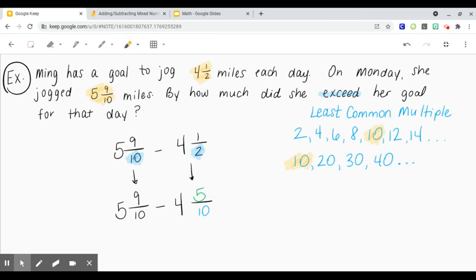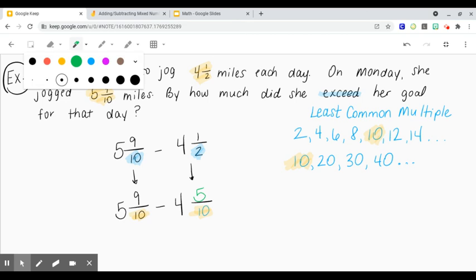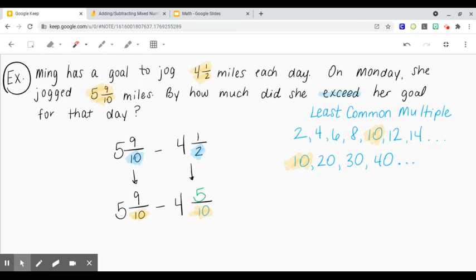Now that these denominators are the same, I can subtract without hesitation. I always suggest to my 5th graders to subtract the whole numbers first. In this case, 5 take away 4 leaves me with 1 whole.